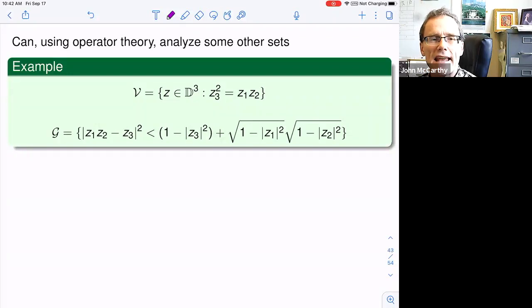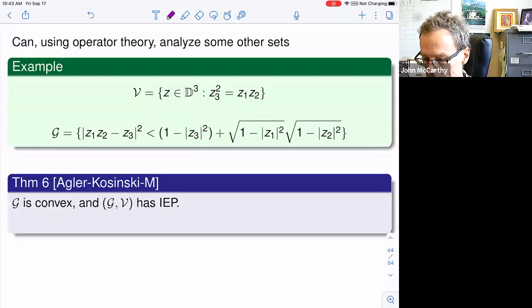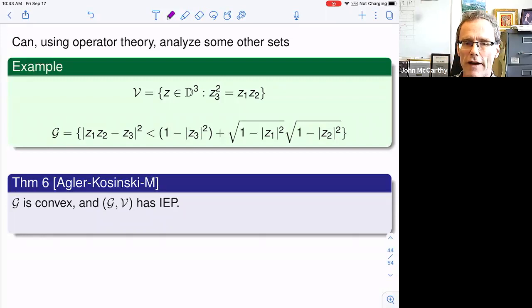Namely, I take the set G defined by this weird looking inequality: the modulus of Z1 Z2 minus Z3 squared is less than 1 minus the modulus of Z3 squared plus the product of the square roots of 1 minus modulus Z1 squared and 1 minus modulus Z2 squared. That's a pretty strange inequality, but this is a bona fide open set in 3 dimensions. And moreover, you can show that it's convex. You can show that the pair G, V has the isometric extension property.